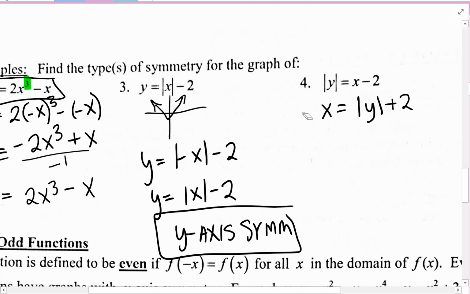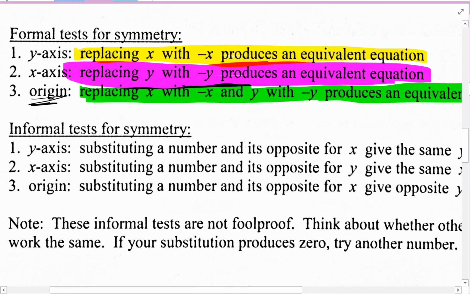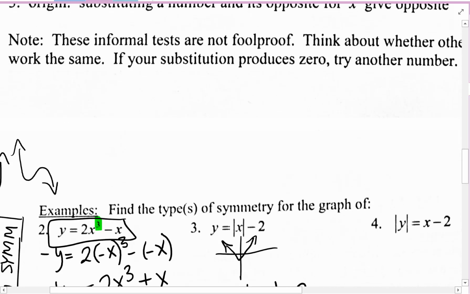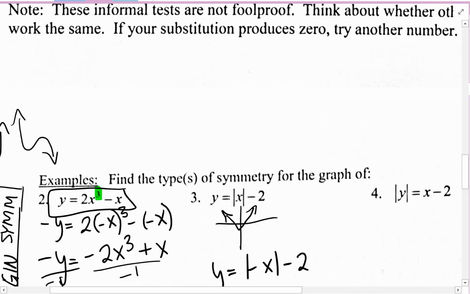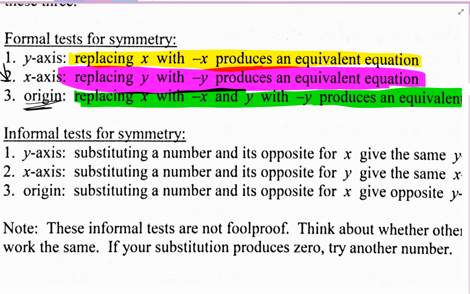So instead of looking at an up and down absolute value, you're actually looking at a sideways absolute value. A sideways absolute value could only possibly have x-axis symmetry, if it even has symmetry of the types we are testing. So let's test it by replacing y with negative y to see if it produces an equivalent equation.